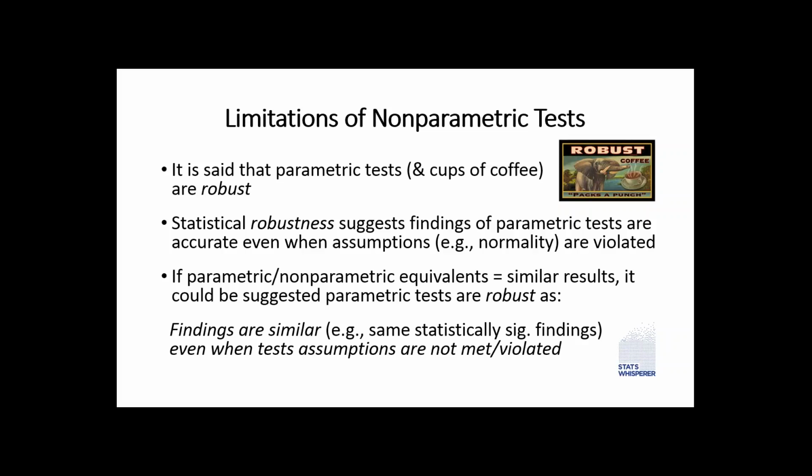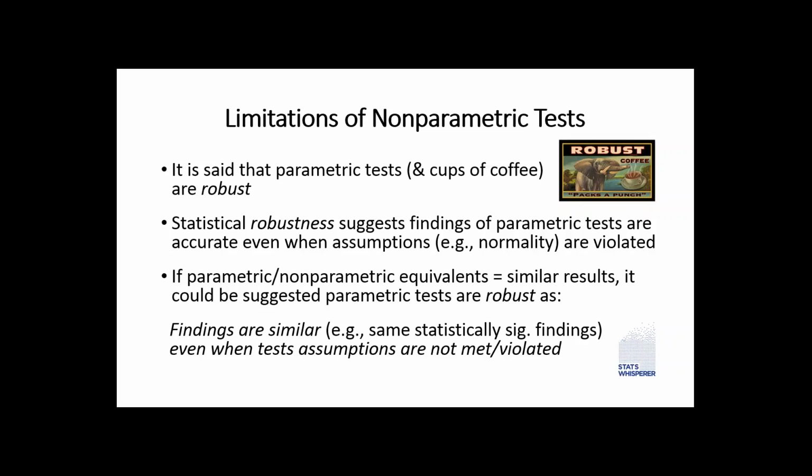So robustness suggests that within a parametric test, if an assumption, such as a normal distribution, is violated, you'll still get the same results. The results are dependable even if the assumption is violated. That's called being robust, the robustness of a parametric test.